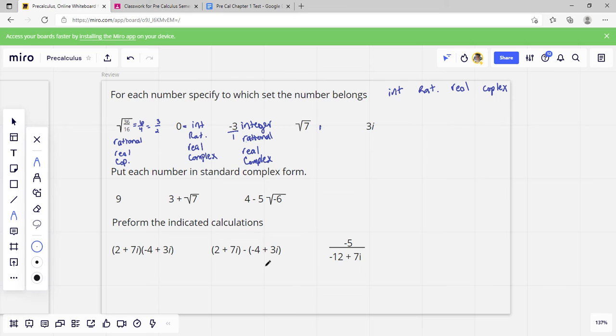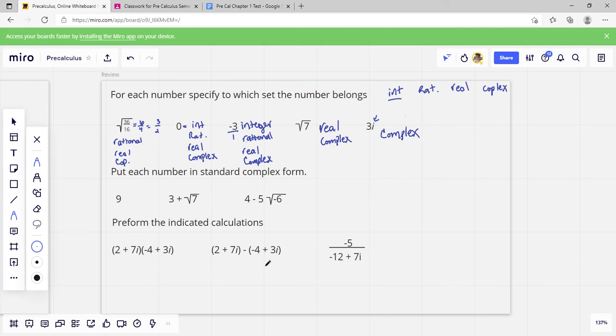It is a real number because there's no -1 in here. If it was square root of -7, then it wouldn't be. And it's complex. All right, 3i, that's not an integer. It's not rational. And I don't think it's a real number either because it has an imaginary part. So that one is just going to be complex.